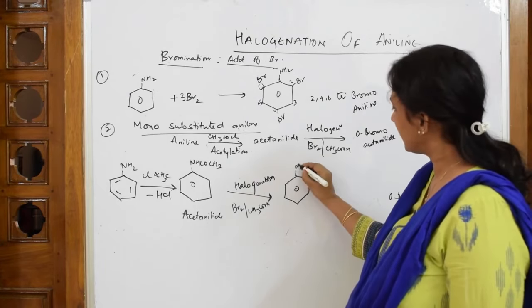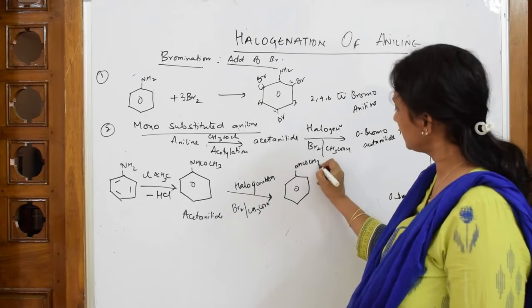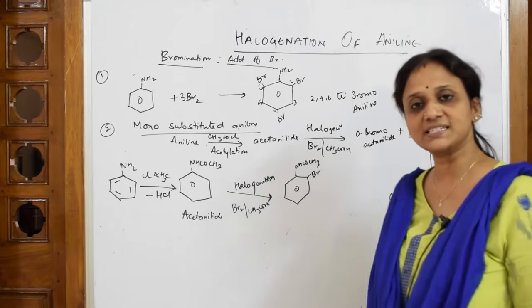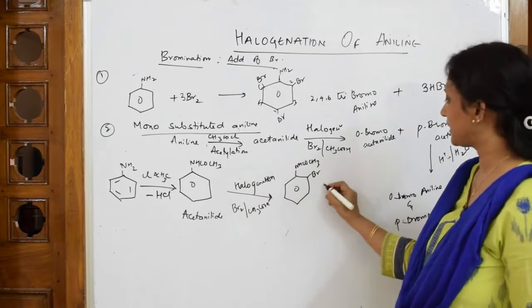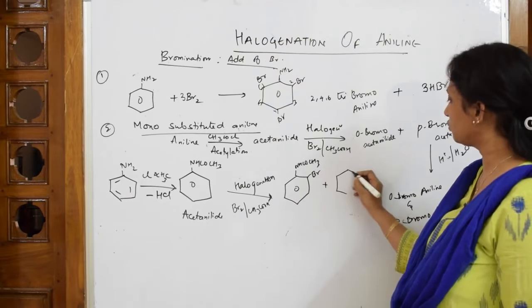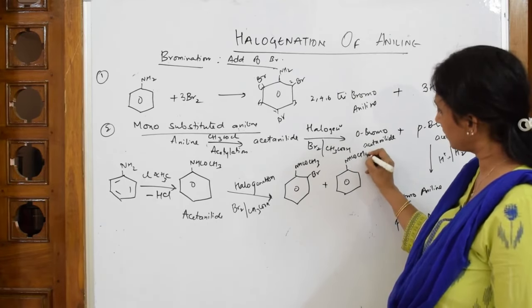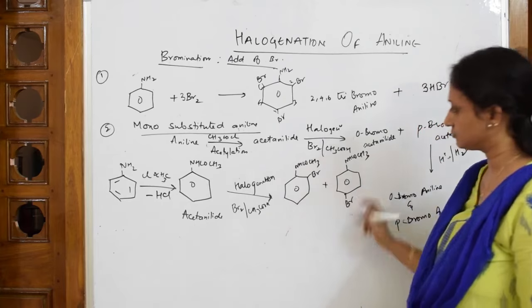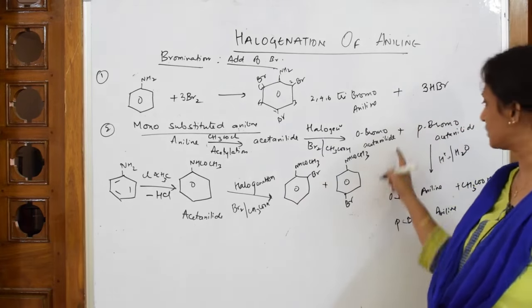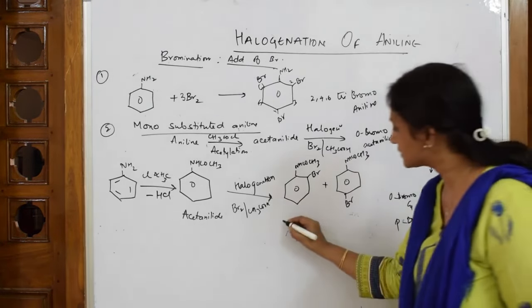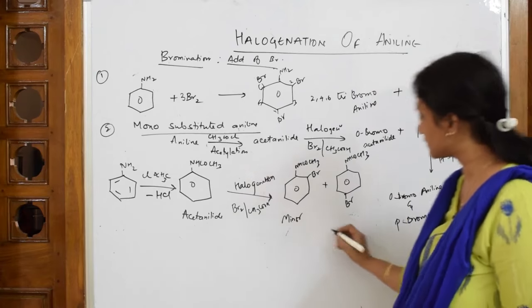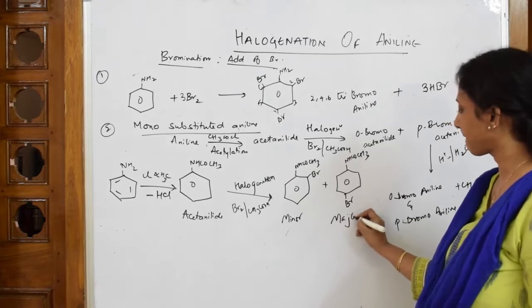One is NHCOCH3, that is orthobromoacetanilide, plus you get one more product, that is parabromoacetanilide. Orthobromoacetanilide, parabromoacetanilide, I have written here. This is the minor product, ortho always, para is major.